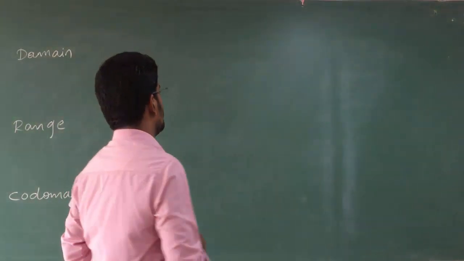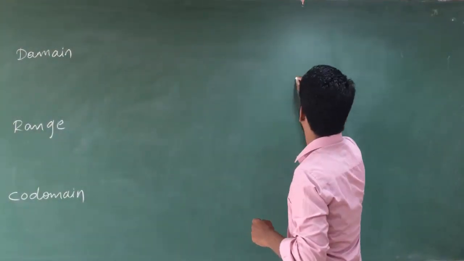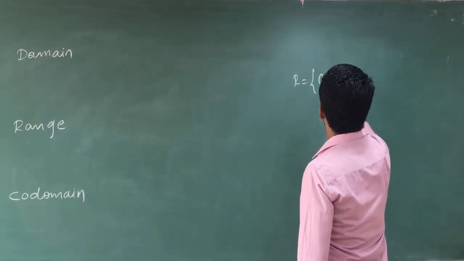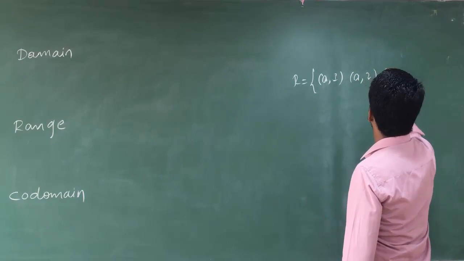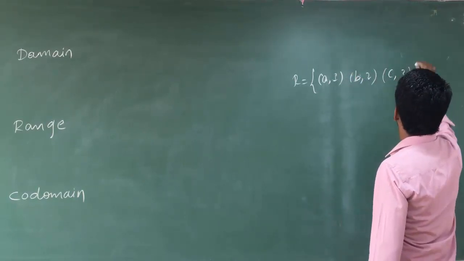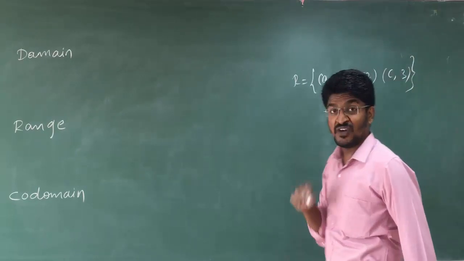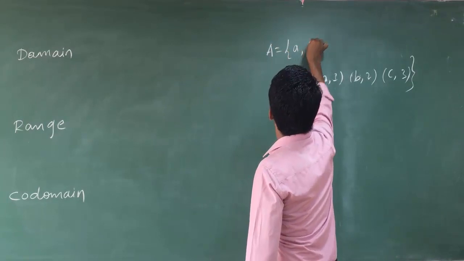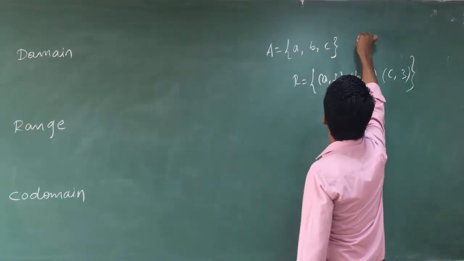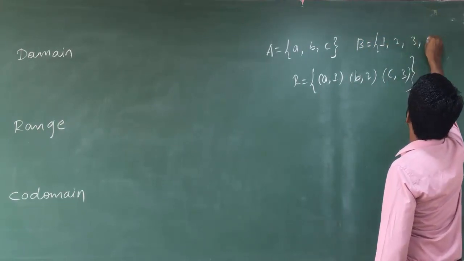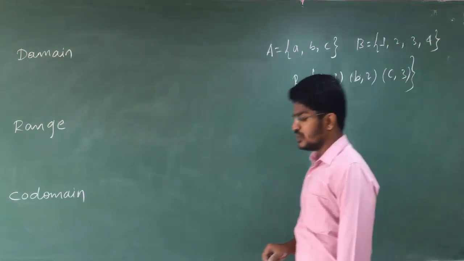For example, let us take one of the relations as R equal to {(a,1), (a,2), (b,2), (c,3)}, where the two sets are set A equal to {a, b, c} and set B equal to {1, 2, 3, 4}. Clear?